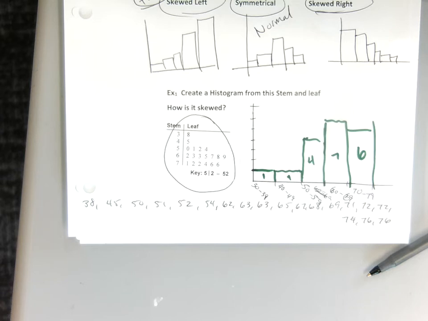Now these are pretty obvious intervals, like within the tens. Sometimes the intervals aren't easy to pick. If you pick too few, your intervals are too much, then you only get a couple of bars. If your intervals are too small, then you get a whole lot of bars, right? So you have to decide what's the correct interval for you, okay?